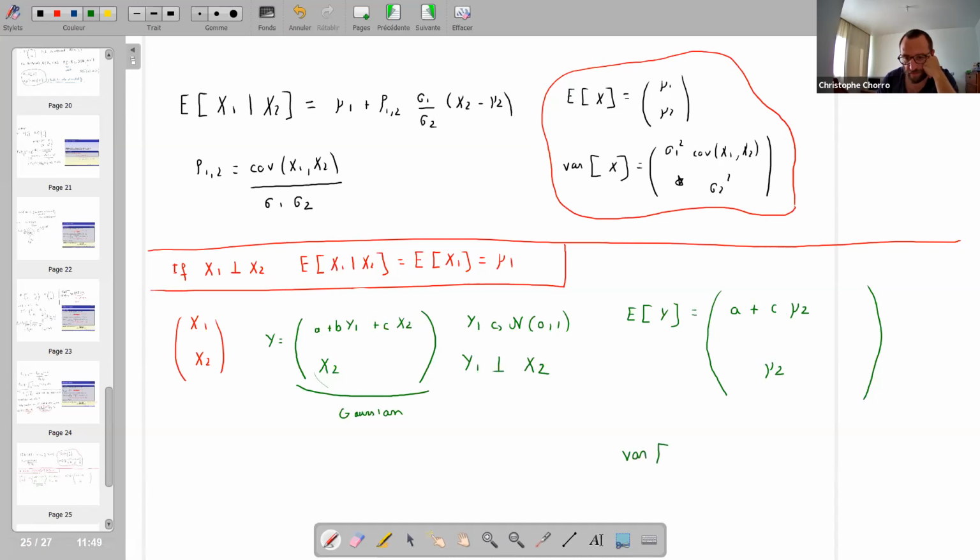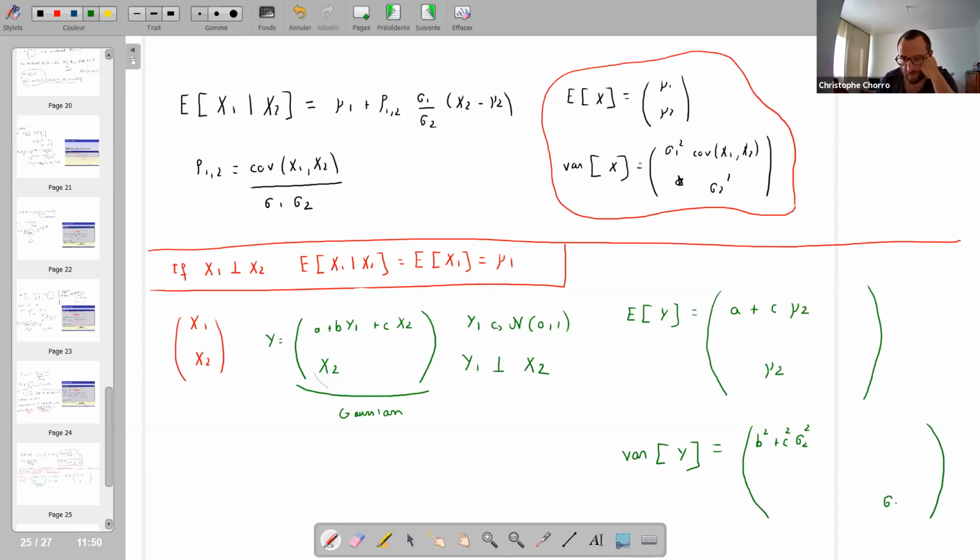What is the variance covariance matrix of y? First, I have the variance of this term here, keeping in mind that y1 and x2 are independent. So the variance of this first term here is equal to b squared, because the variance of y1 is equal to 1, plus c squared, the variance of x2, that is equal to sigma 2 square. Okay? What is the variance of x2 here?